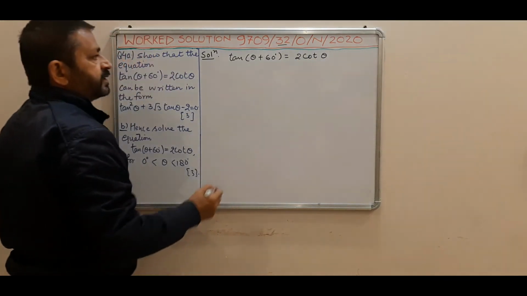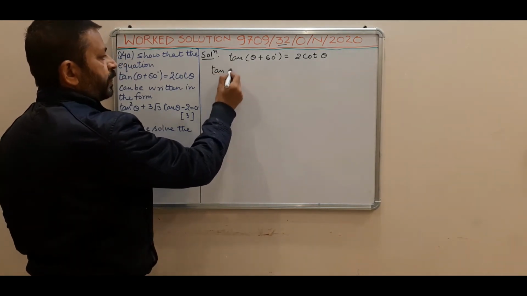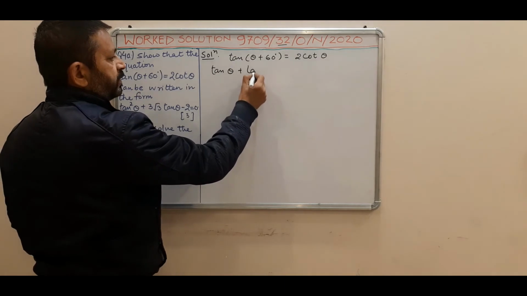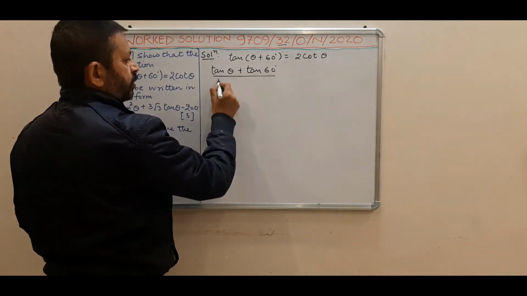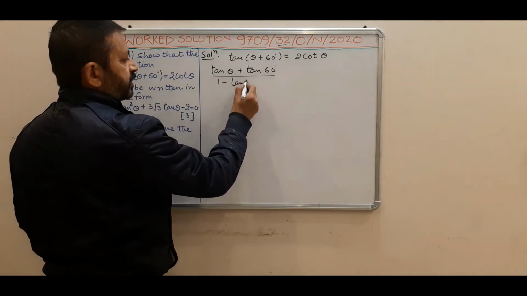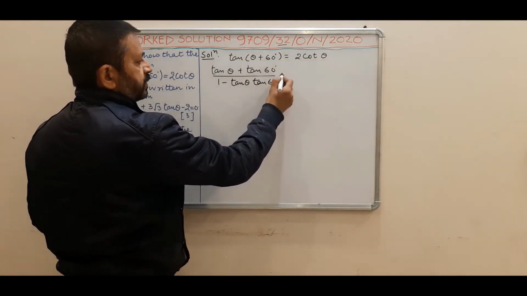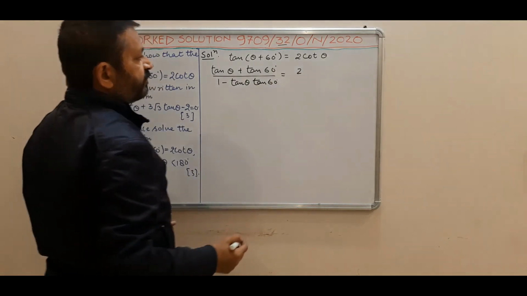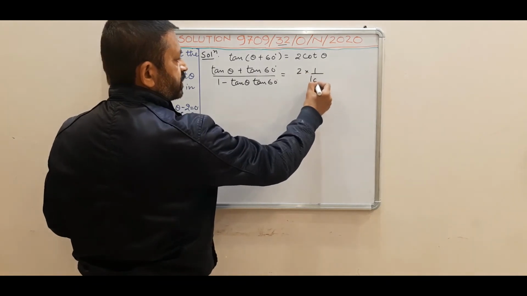So we'll use the identity tan of A plus B, which is tan A plus tan B upon 1 minus tan A tan B. On the right hand side we have cot theta, which can be written as 1 upon tan theta.